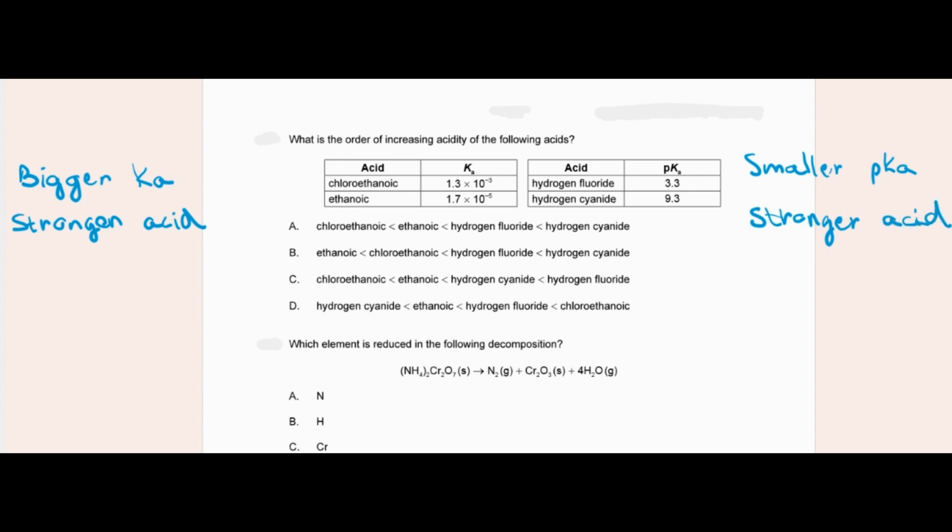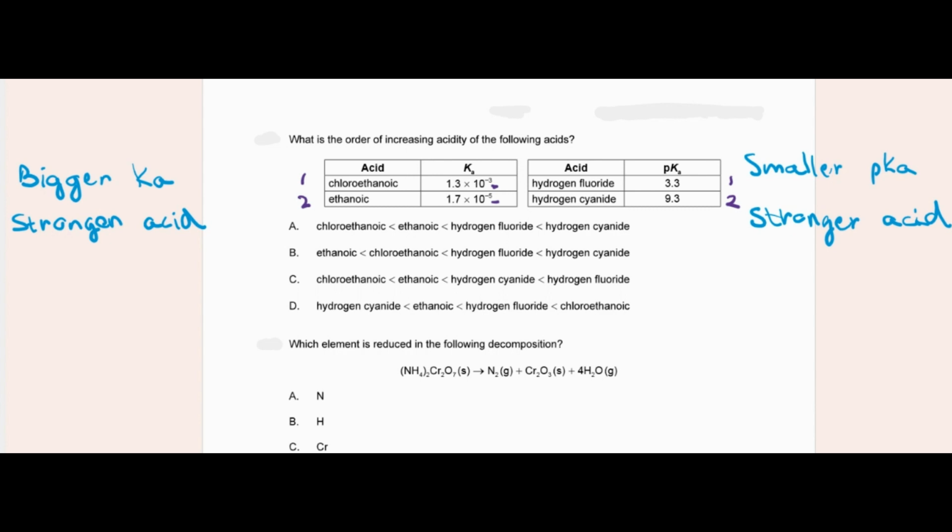You need to watch out for the powers. So which one has the bigger Ka? Chloroethanoic or ethanoic? It will be the chloroethanoic. So that's 1, that's 2. And then on the other side, the smaller the pKa, the stronger the acid. So this will be stronger, this will be weaker.